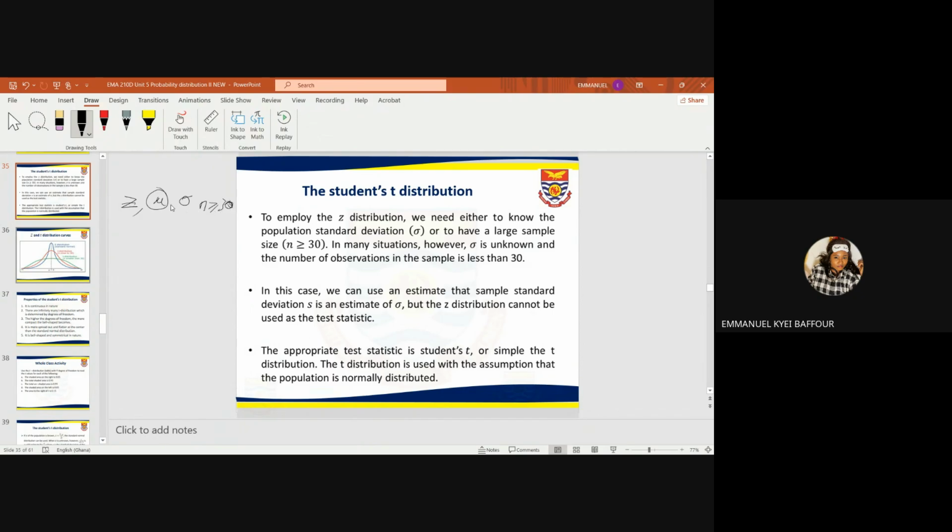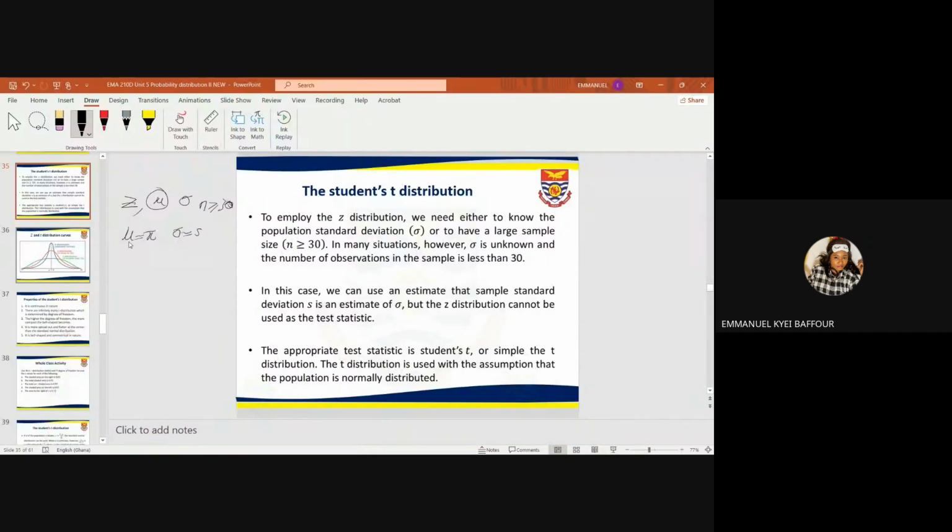But there are situations where the population mean might not be known, the population standard deviation will not be known either, and your sample size is less than 30. When that happens, we can approximate the population mean and the population standard deviation using the sample statistics.